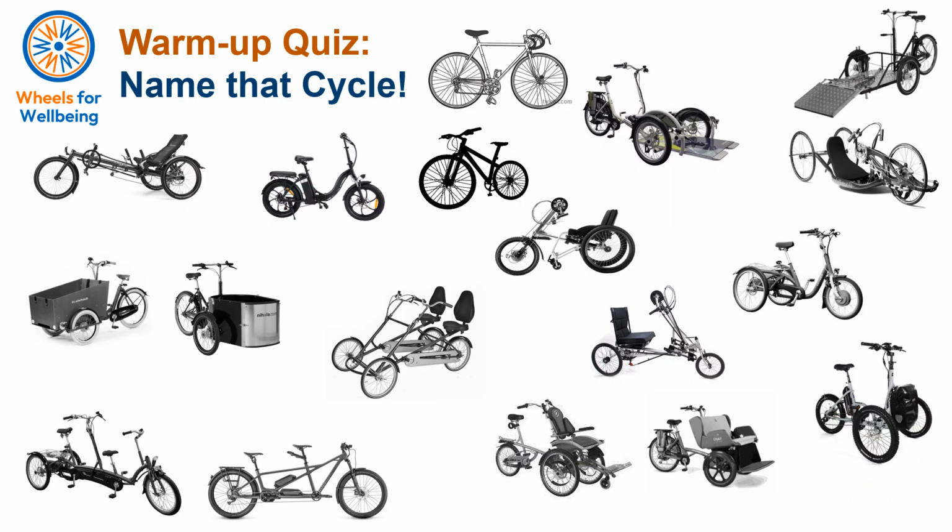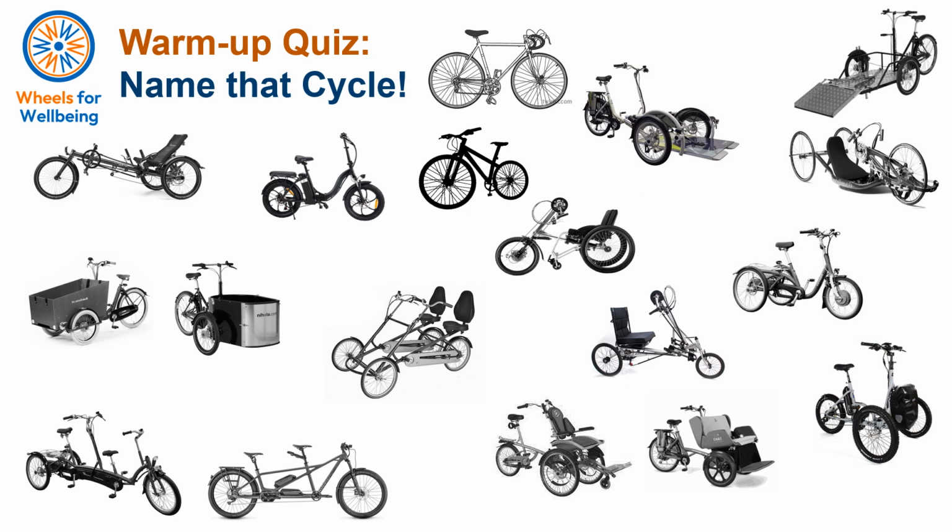To warm us up, we're going to have a quick quiz called Name That Cycle. On the screen, you should be able to see a variety of different types of cycle. What I want you to do is to take a couple of minutes to see how many of those you can name. If visual images are not accessible to you, you can also do the Name That Cycle quiz by thinking about how many different styles and configurations of cycle there might be.